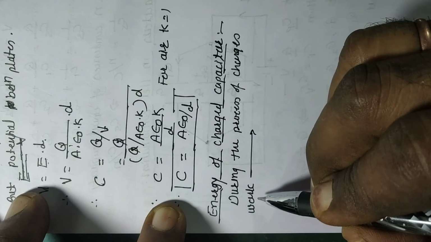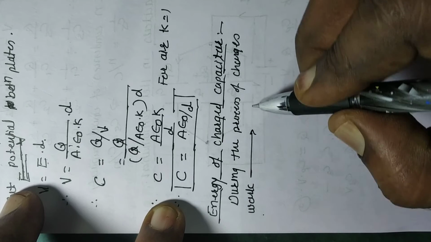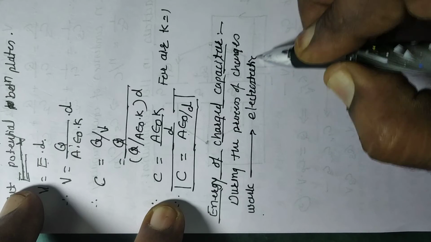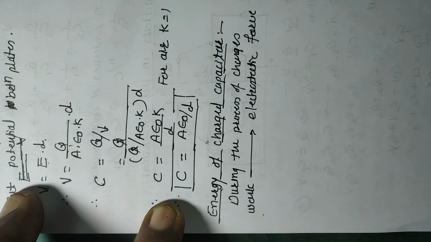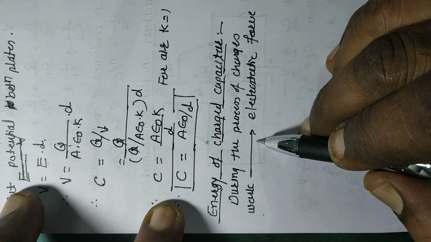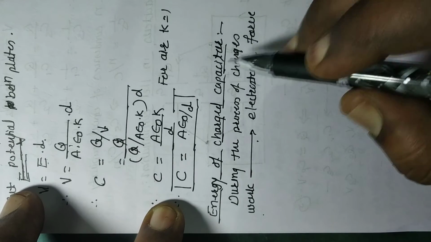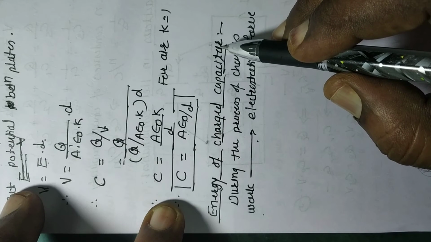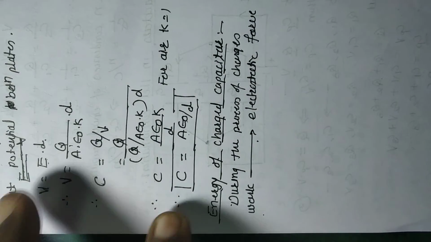Work is done on the capacitor against electrostatic force. During the process of charging, work has to be done against electrostatic force. This work is stored in the form of electrostatic potential energy in the capacitor. This energy is called as energy of capacitor.